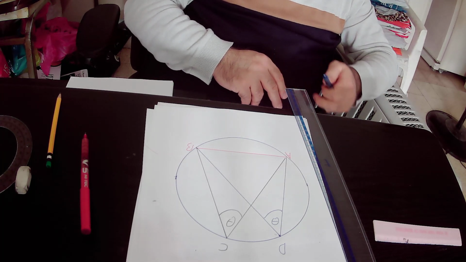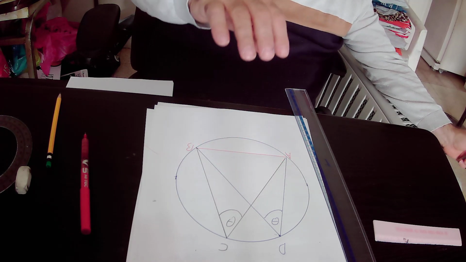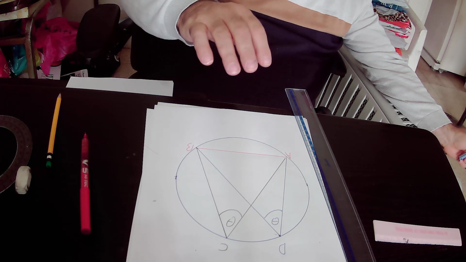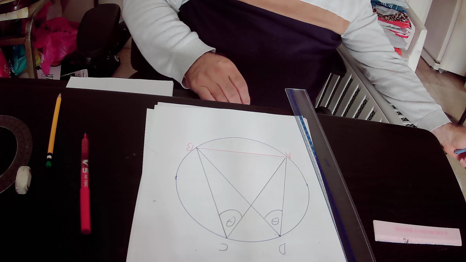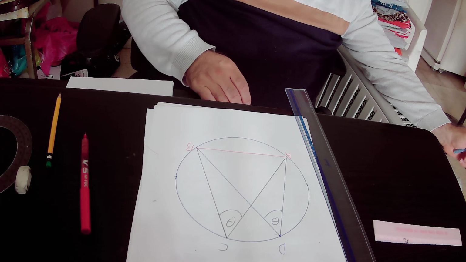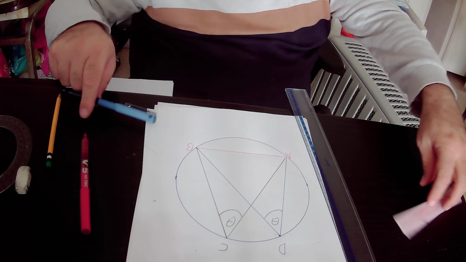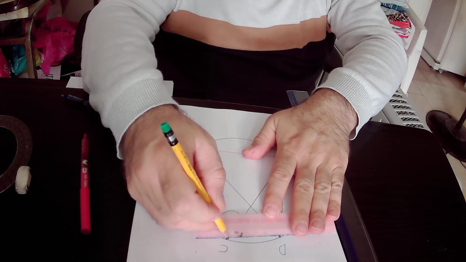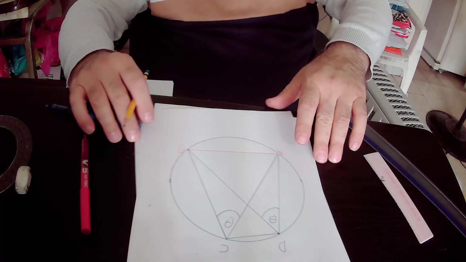Okay, so if we have two equal angles that subtend on the same line segment AB, then according to rule number 2, the quadrilateral ABCD is inscribed by a circle.